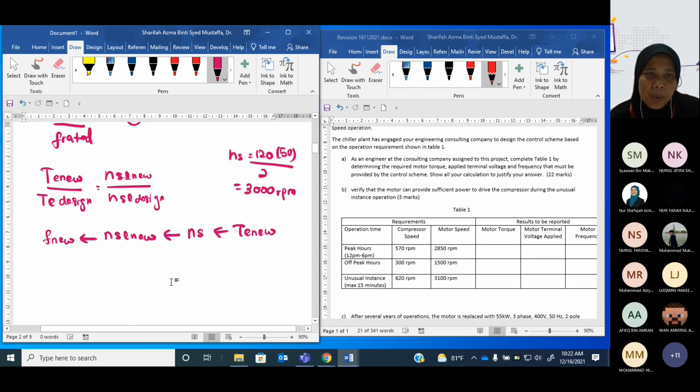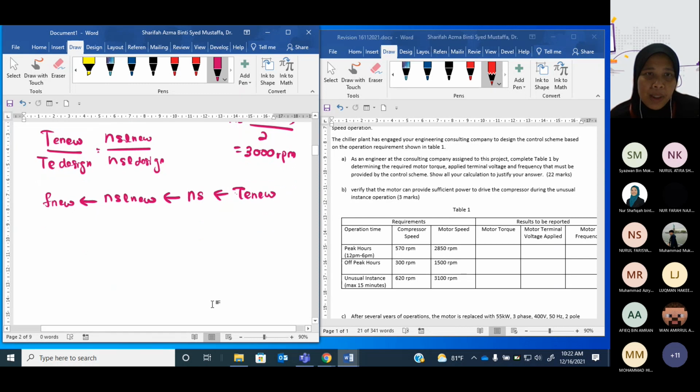Basically, you will repeat the same procedure for peak hour, off-peak hour and unusual instant. But you must know whether it is V over F control or varying frequency control.